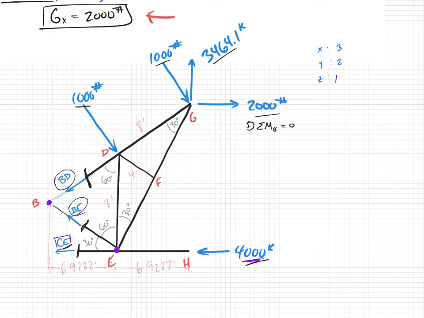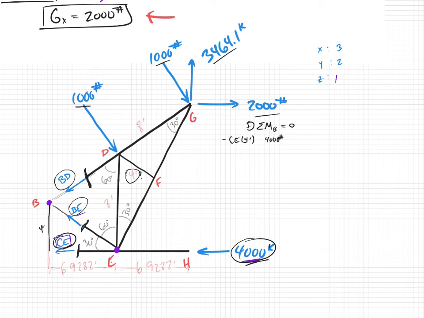I'll start with CE, what we're looking for. Its moment arm, going back up to B, is this distance right here, which unfortunately I erased, but that distance was 4 feet. I shouldn't have erased it. So that's a negative sign. Then let's do this 4,000 here, 4,000 pounds, not kips.